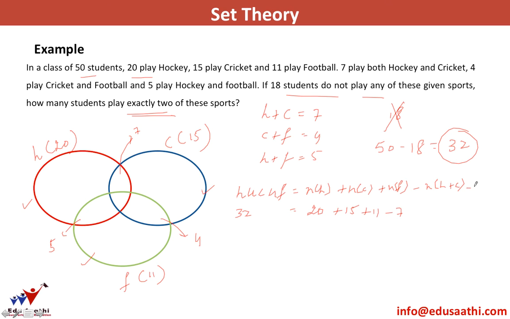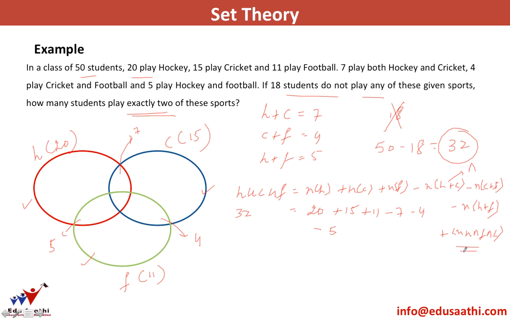Similarly, minus N of C intersection F, so I have minus 4, minus N of H intersection F, minus 5, plus N of H intersection F intersection C. This is just the formula we've discussed before. This plus sign is nothing but the intersection sign, people who play both these sports.